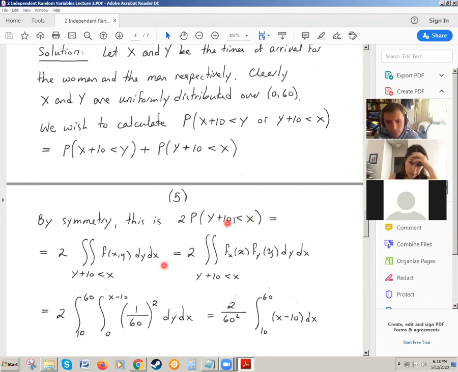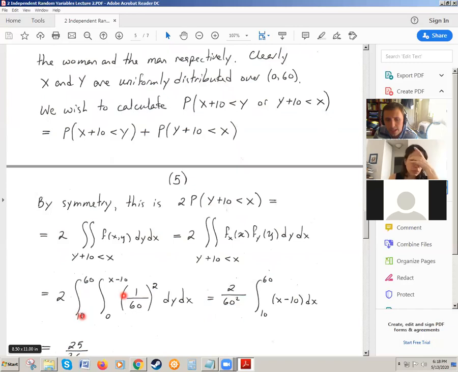So first, for that to happen, if y arrived at 0, then x arrived at least at 10 minutes. So when you set it up, it means that x starts at 10 and goes all the way to 60, right? So x has to come at least 10 minutes late to the appointment at 12.